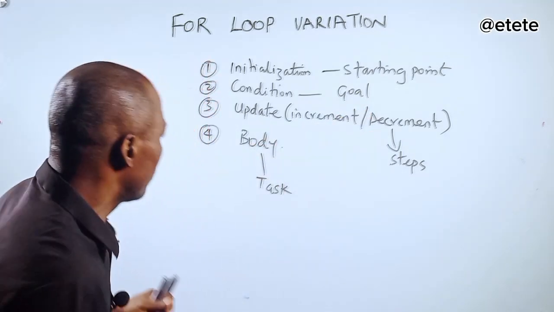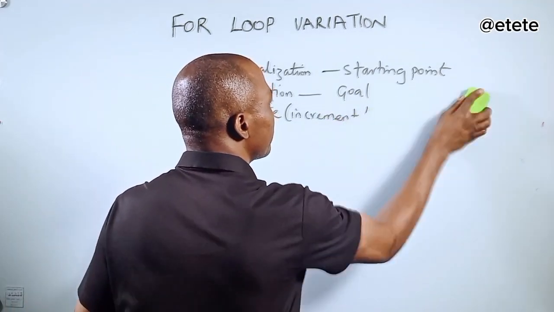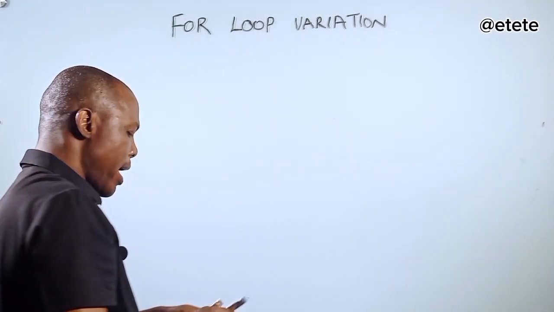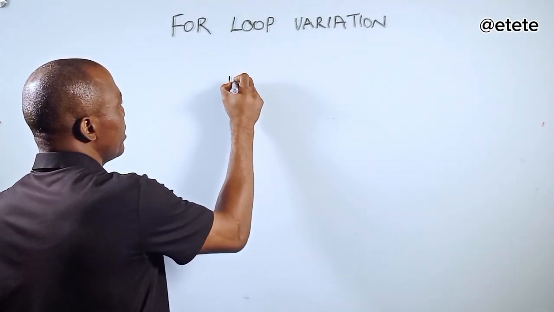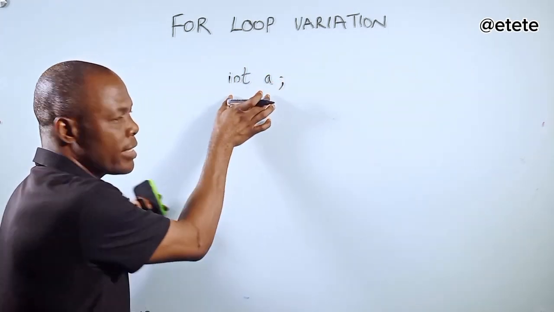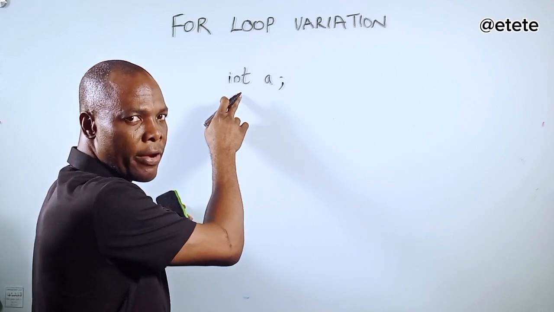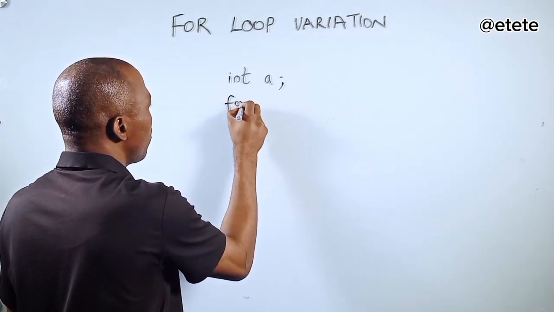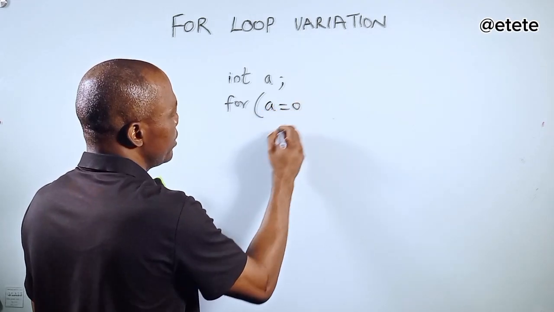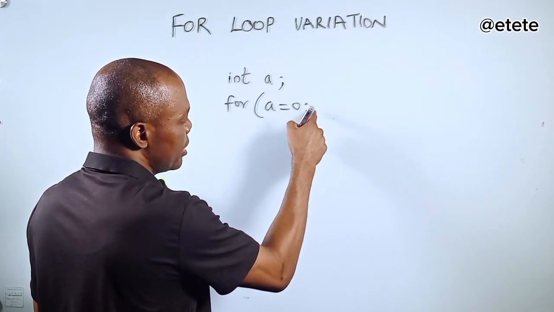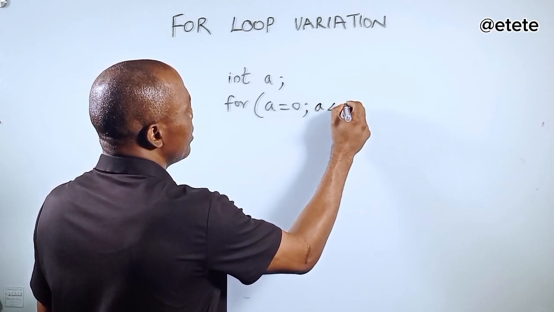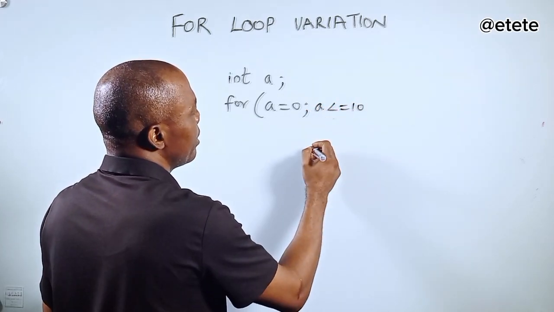Right? So let's look at this. Now, I have something like this: int a, that is, I declare a variable in the integer realm. Then I say for, inside this place, I say assign a to 0. Then I have this, which is very important: a less than or equals to 10, right?